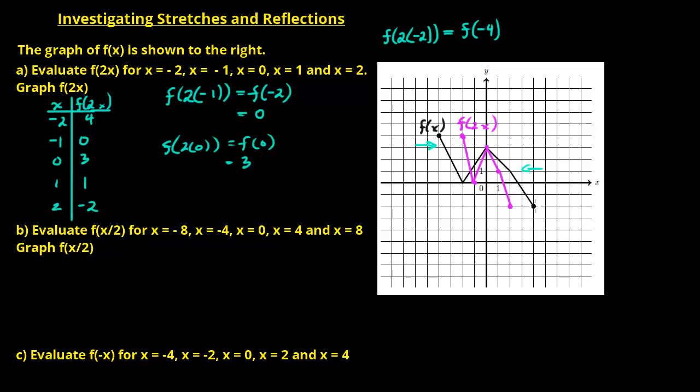We've multiplied all of our x values by a factor of a half. So when you multiply by 2 inside of the brackets for f of x, that's a horizontal compression by a factor of 1/2. We're compressing the graph horizontally.